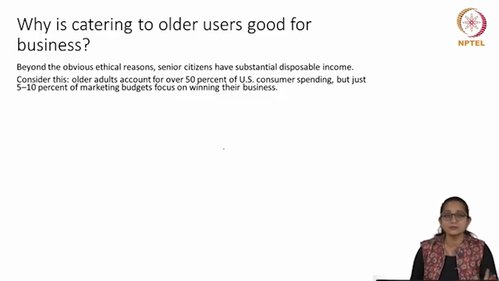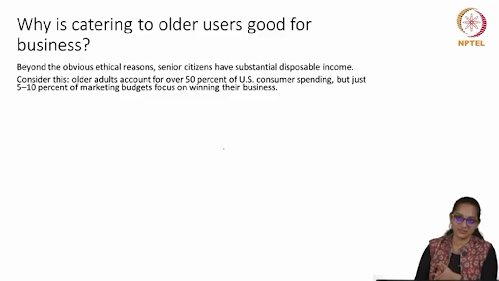Currently, these statements are talking about the US economy. So, consider this: older adults account for over 50%, and this is a very important number, 50% of US consumer spending. But just 5 to 10% of marketing budgets focus on winning their business.